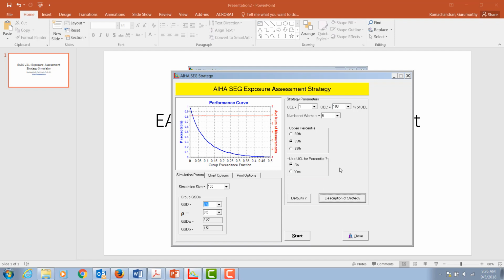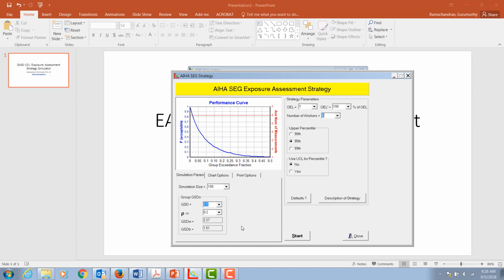So now again, we have to set the number of workers. We are setting it first at the minimum required by the AIHA strategy, so that's 6 workers. We are setting the GSD of the underlying exposure profile to be 2.5.